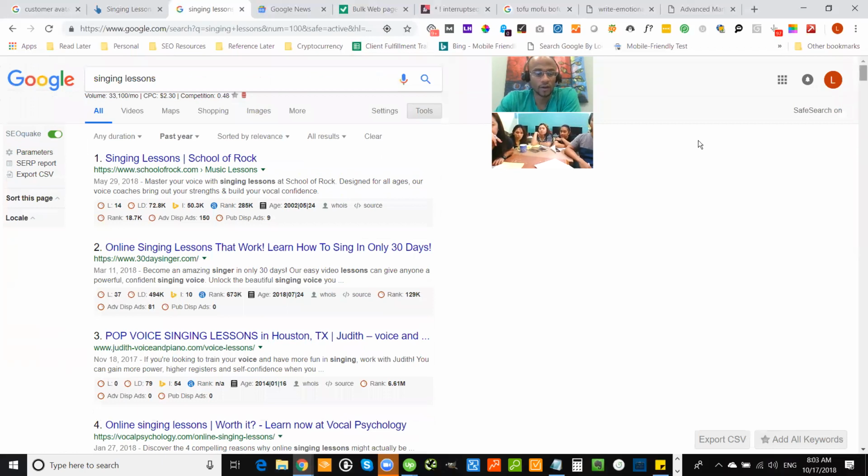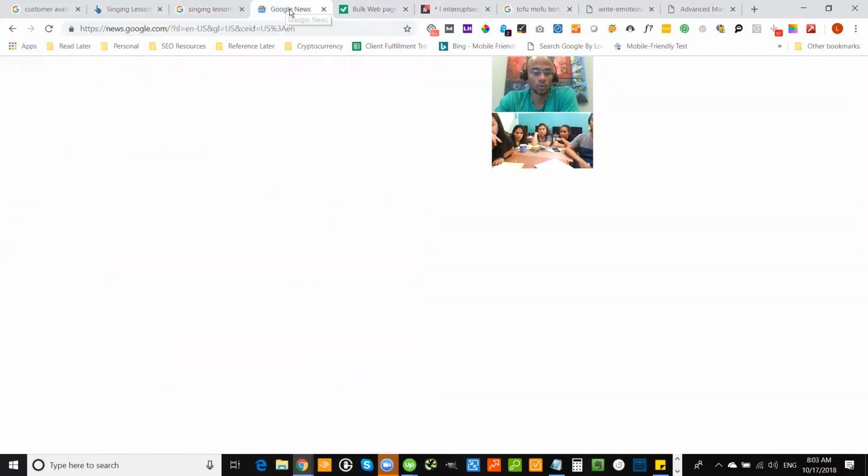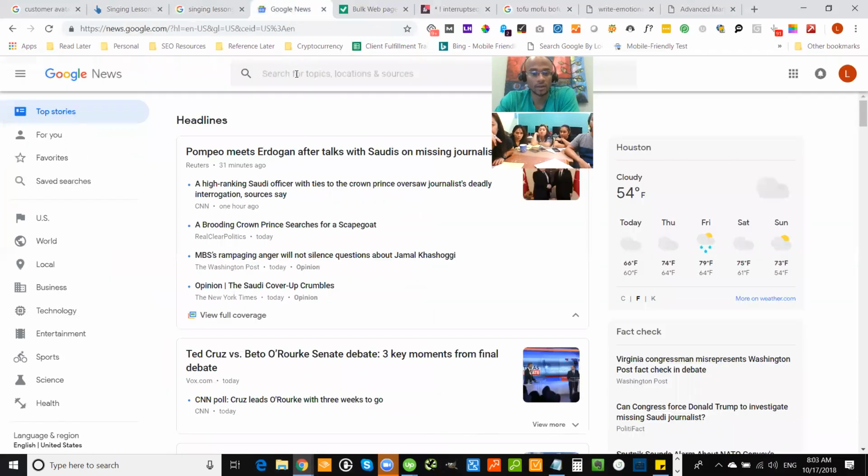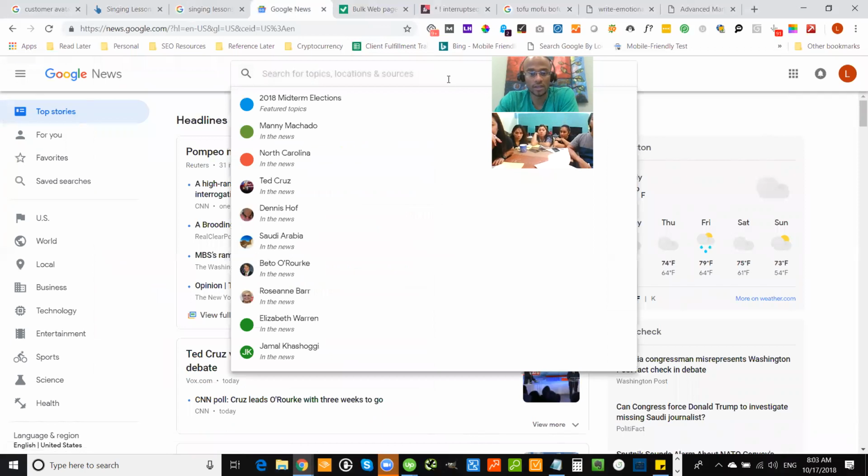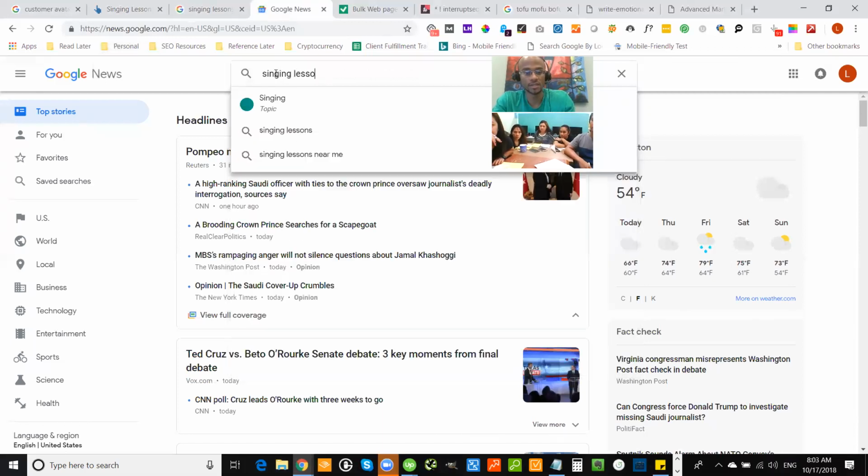And then finally, we've gone through Ahrefs, we've gone through a simple Google search. If you want to figure out what's going on more recently, you can also look at Google News. So just go to news.google.com, and let's see what happens if we put singing lessons in here.